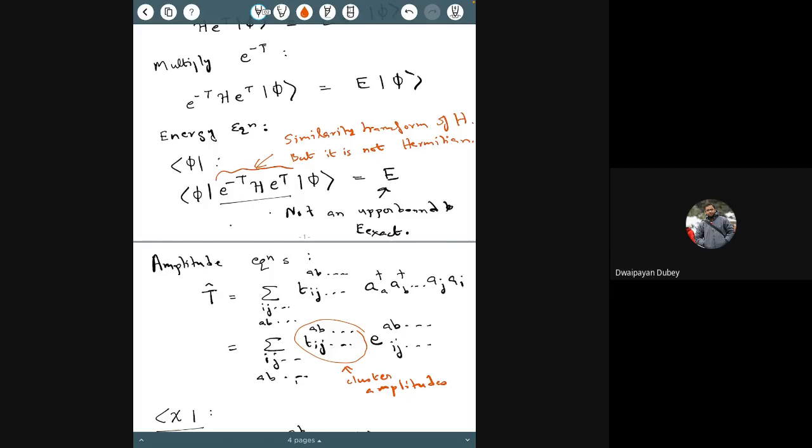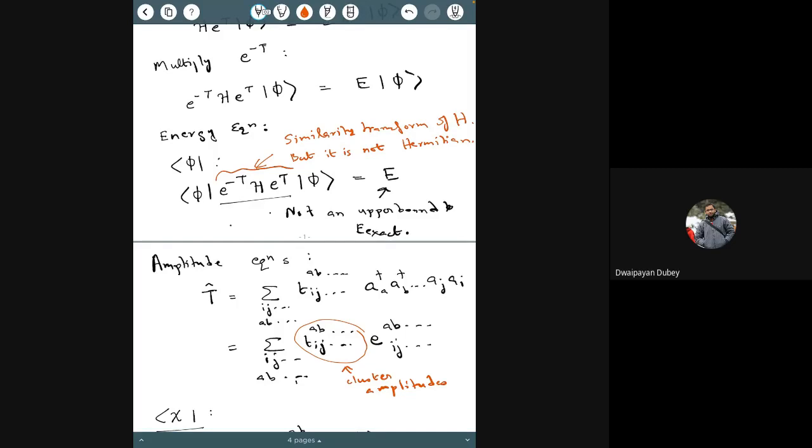So this is again another thing that is not desirable in a way, because in quantum mechanics, it is one of the fundamental postulates that observables are expectation values of Hermitian operators. But the coupled cluster energy is now an expectation value of a non-Hermitian operator. So this is not something desirable.